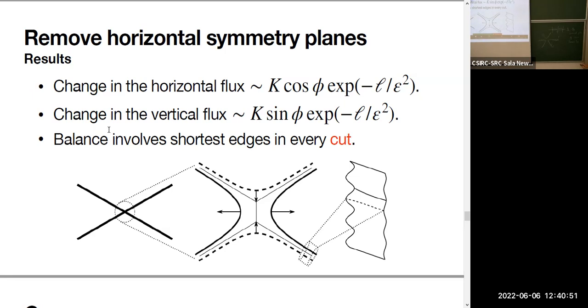So balance means that all these changed flux, 1 plus this thing and 0 plus this thing, should sum up to 0 around each vertex. No, I'll give you an example.